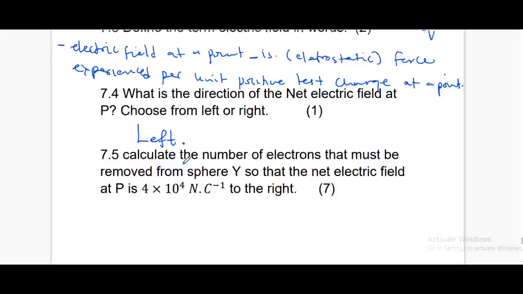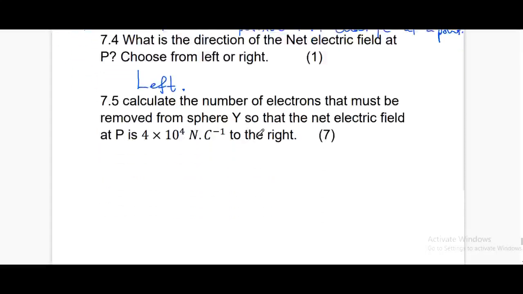Now calculate the number of electrons that must be removed from sphere Y so that the net electric field at P is 4 times 10 to the power 4 newtons per coulomb to the right. Remember that before the electrons are removed, the electric field is towards the left.